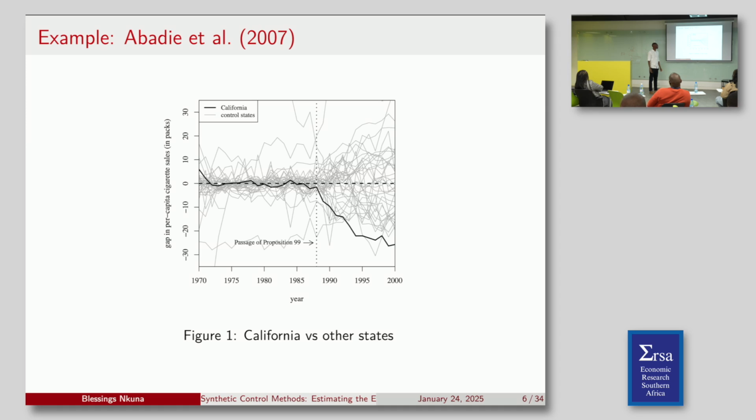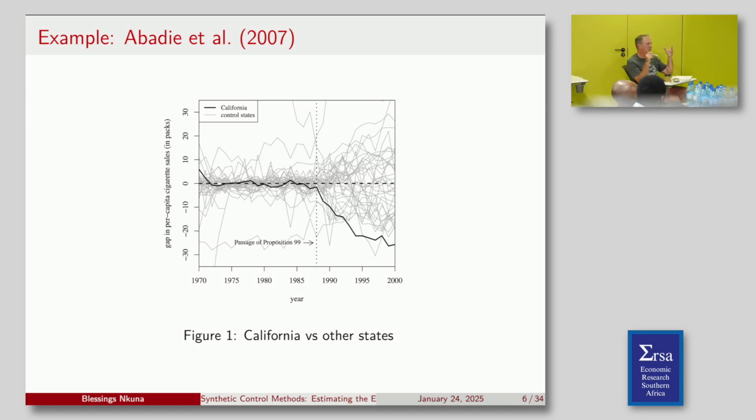To infer whether or not this is a statistically significant effect, they imagine that the policy happened in the other states. They apply the exact same method and calculate how much consumption changed in that state. That's what you see with the light colored lines. In some cases, it went up. In some cases, it went down. But California is one of the lowest, almost always.